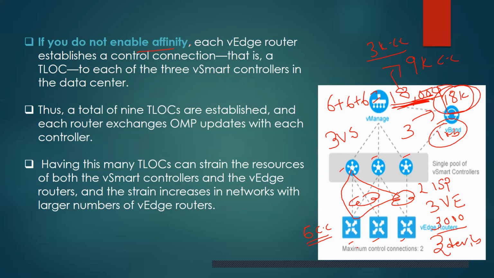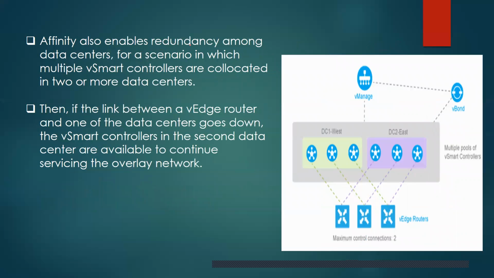So what does this affinity do? Let's try to understand in this particular diagram. Now you can create two groups, say group 10 and group 20. And here you can see that this particular device is one of the edge devices. It can form the control connection as a primary control connection with group 20, and a secondary control connection with group 10.